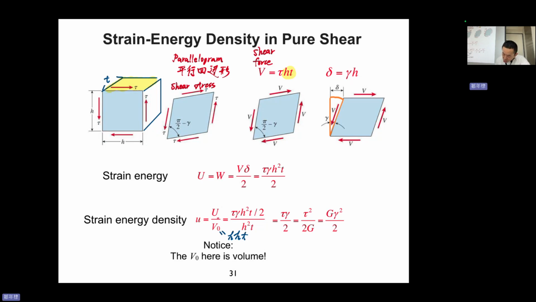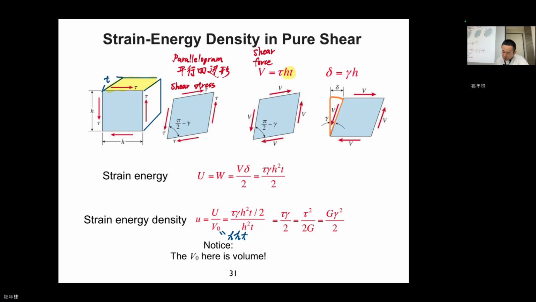So substitute your U here and divide by HT, and you get tau gamma divided by 2. Very similar to chapter 2. Shear force times displacement divided by 2; here tau is shear stress, times shear strain divided by 2.